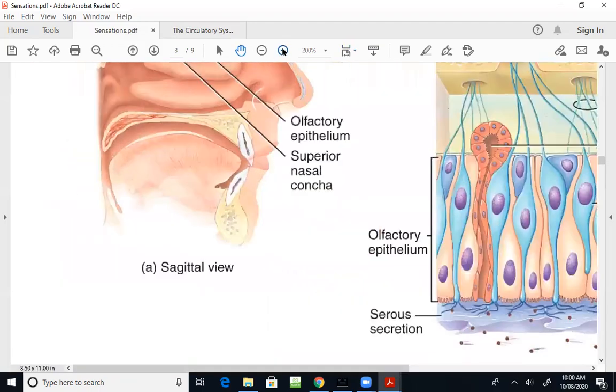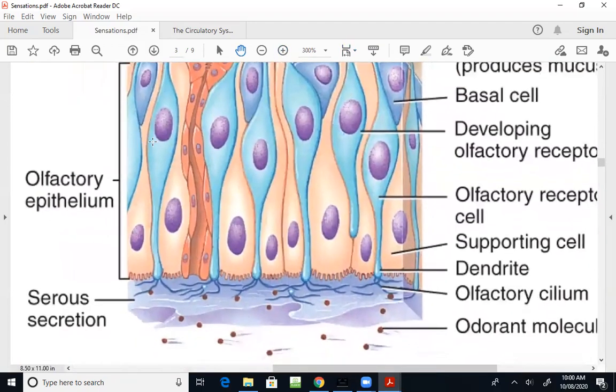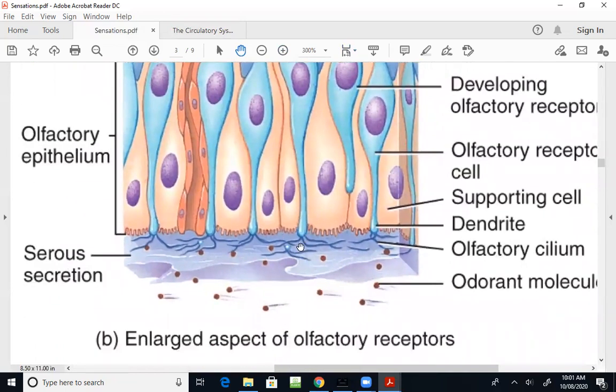Looking at the picture, I'll zoom in tremendously here. Here's the singular dendrite, and then down here at the bottom, we show the little squiggly blue lines. Those are the little olfactory hairs, or cilia. Cilium, they were only labeling 1. Those are the things that are stimulated by the chemicals that we smell, what we call odorants.